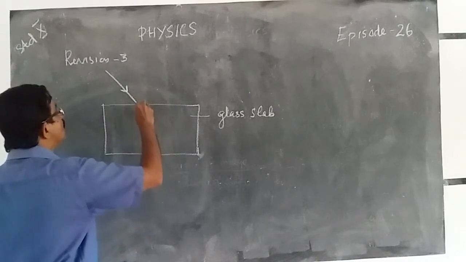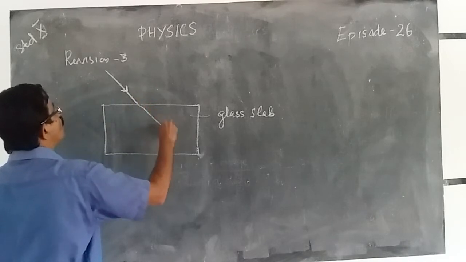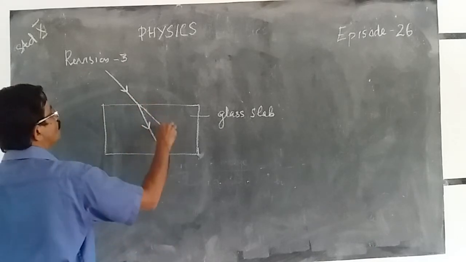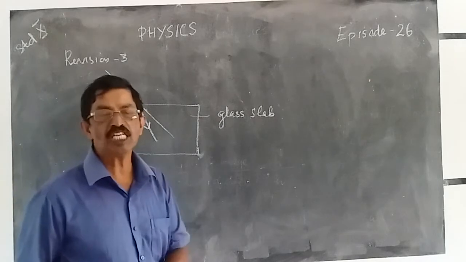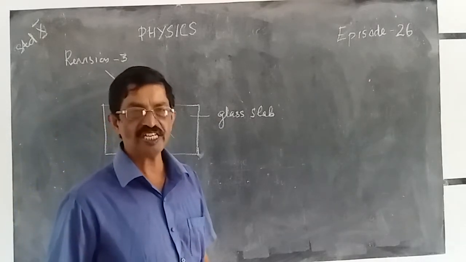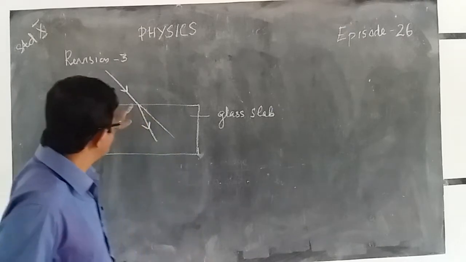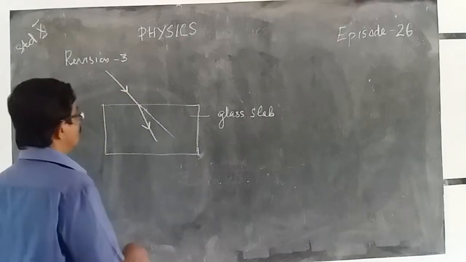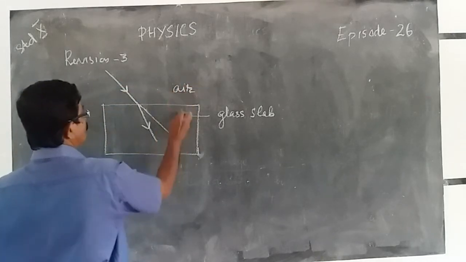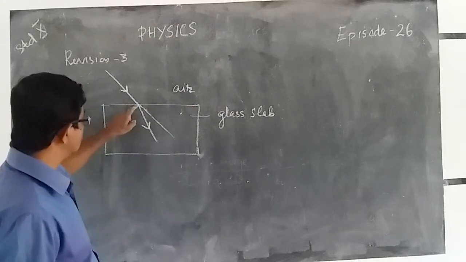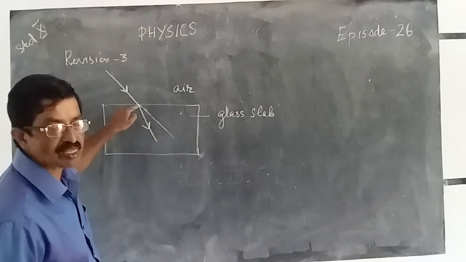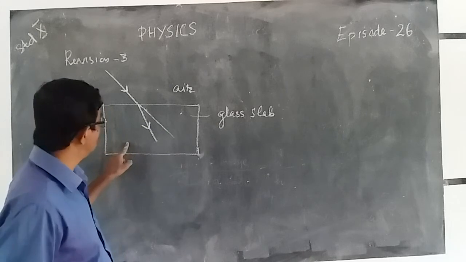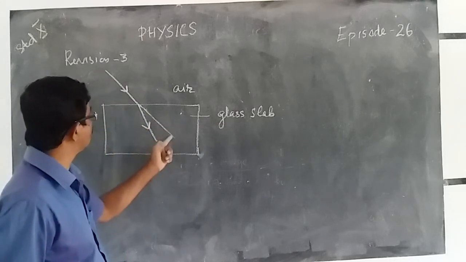Does it travel along the same path this way, or does it get displaced this way? Actually, these light rays are displaced or bent at the surface of separation of the two media. These are the two media: above air, below glass. At this point, the light rays deviate. So this light ray now does not travel along the same straight line path.